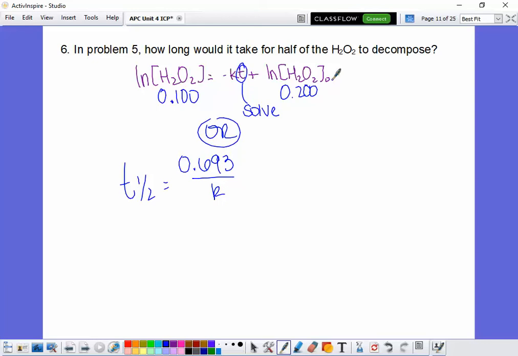So, remember, half-life for first order only is dependent on the rate constant. What was our rate constant? 0.0410 minutes to the -1. So you're going to do 0.693 over 0.0410.